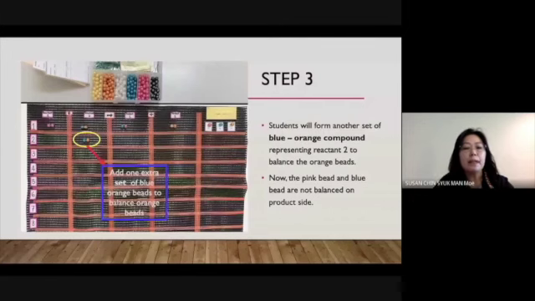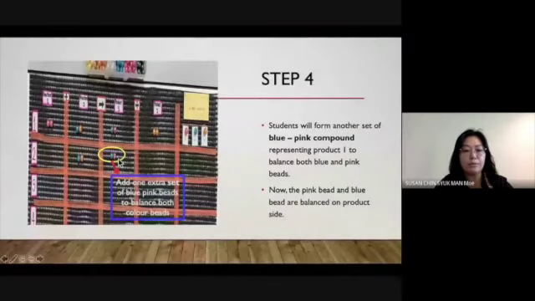But there are still some other color bits which are not balanced yet. Never mind, we proceed on. Now students are going to add another set of blue and pink. They are going to add sodium chloride, so blue and pink.